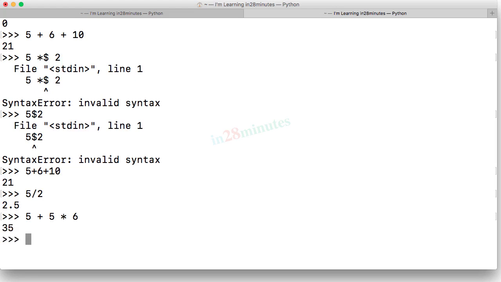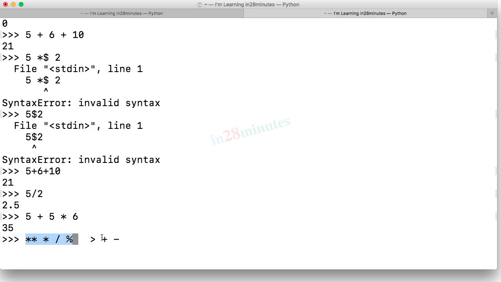How Python decides this is based on something called precedence of operators. So among the operators, star star, which is power of, star, which is multiplication, division, and modulus. These operators have greater priority compared to plus and minus. So all these four operators that we talked about in here, so this is to the power of, star, division, and modulus.